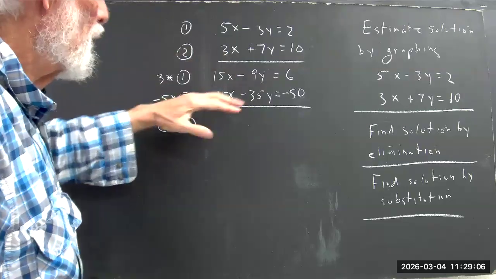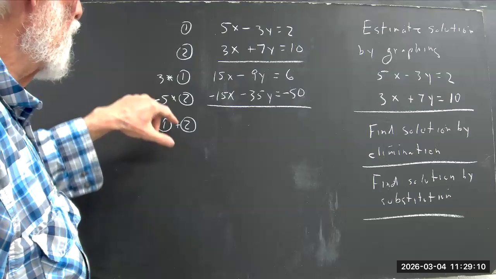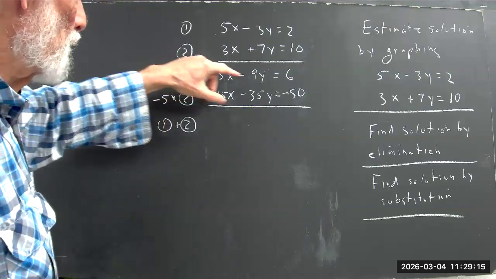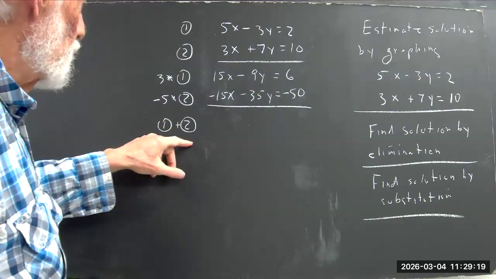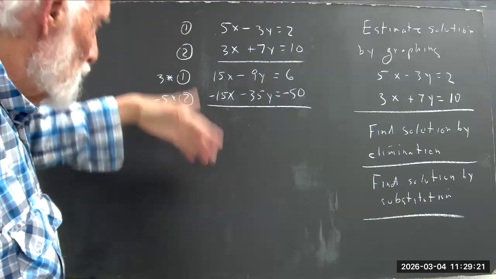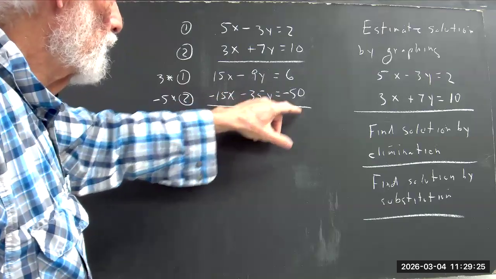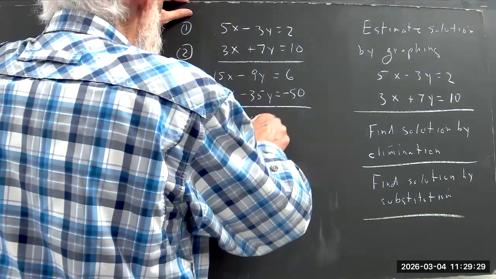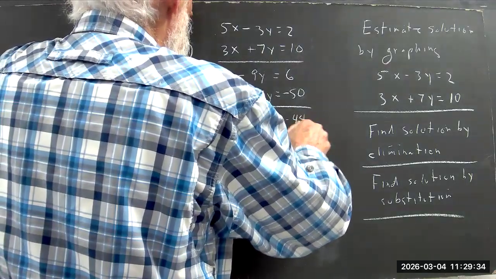When I talk about equation 1, I mean the last equation 1, which is 15x minus 9y equals 6, added to the most recent equation 2, which is negative 15x minus 35y equals negative 50. And I get negative 44y equals negative 44.